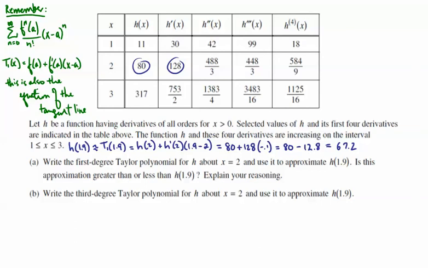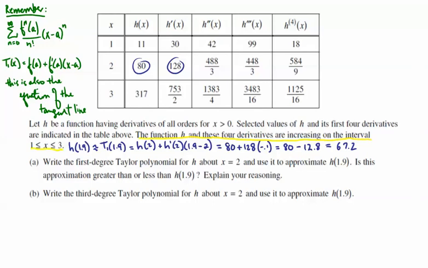Then the question asks, is this approximation greater than or less than h of 1.9? And explain your reasoning. Well, this is where the information that we're given above comes in very useful. It says that the function and all of these derivatives are increasing on the interval from 1 to 3.